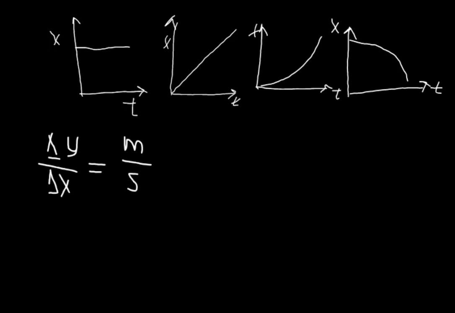So looking back at our graphs, you can confirm what I've told you. This first graph right here has a slope of 0 meters per second, and it has no velocity, so it's not moving.